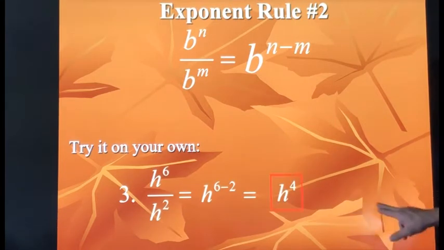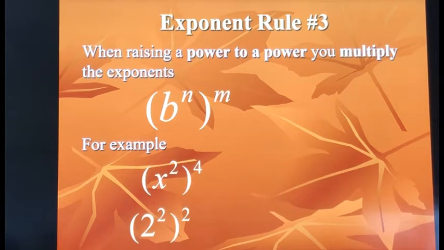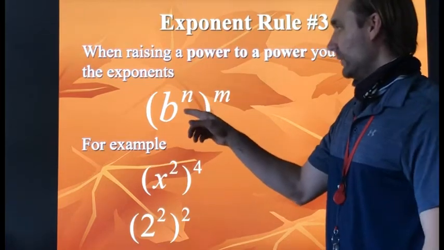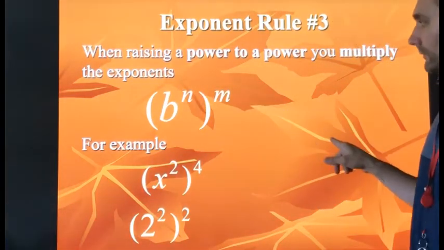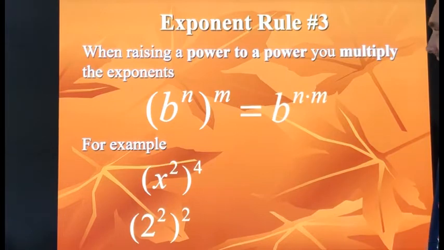Very nice. Rule number 3. When you're raising a power to a power, you multiply the exponents. So b to the n, all to the m power, I can write with the same base as b to the n times m. You multiply the exponents.